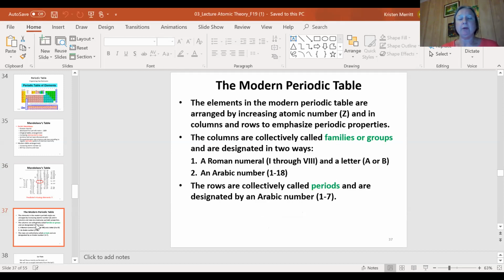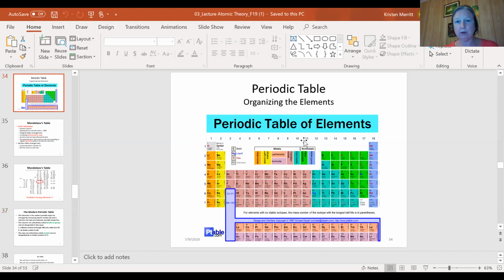So you have families and groups, or group, we call the columns groups. I guess sometimes you can see them called family, but we call them groups. There are 2 different designations you'll see on the periodic table going across the top. This one has the more modern 1 through 18, continuous.